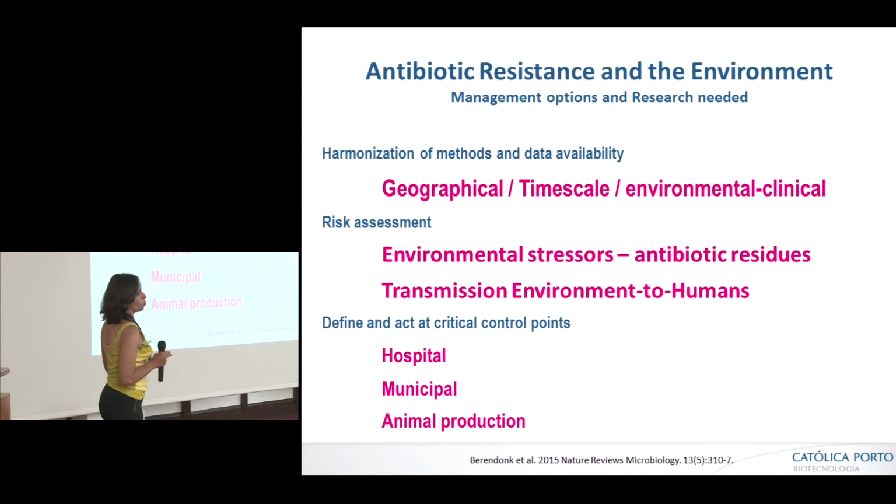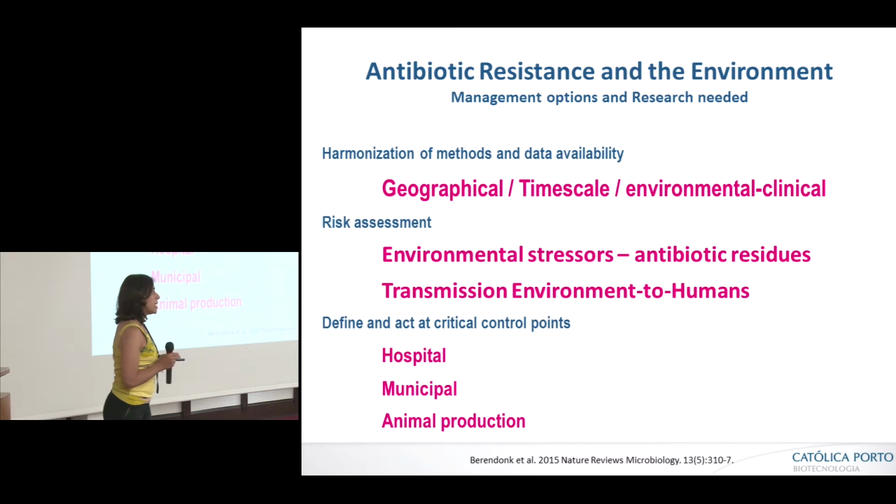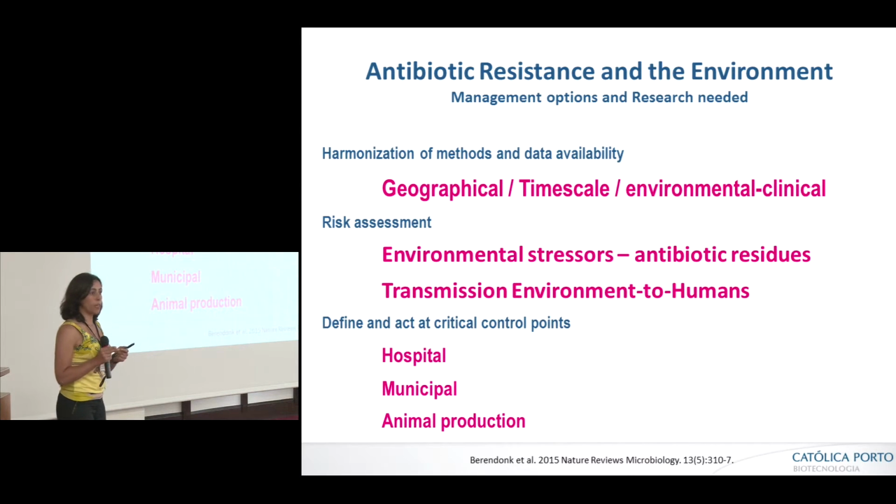Hospitals probably are one important source. Animal production is another one. So we have some critical points where it would be very important to improve the treatment processes, for instance, by implementing advanced treatment processes.